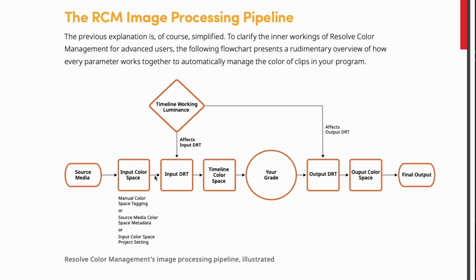That is then transformed into the timeline color space, which we set to DaVinci Wide Gamut. So when we're in the timeline color space, we are in fact making our grade adjustments. And from the grade adjustments, the transforming to Rec 709, the output color space, is happening.